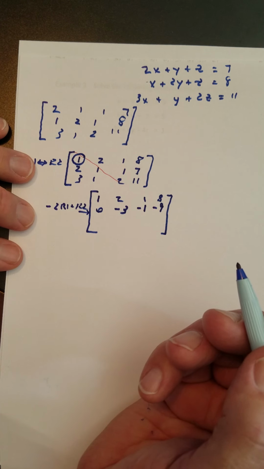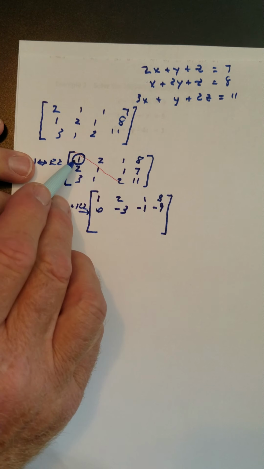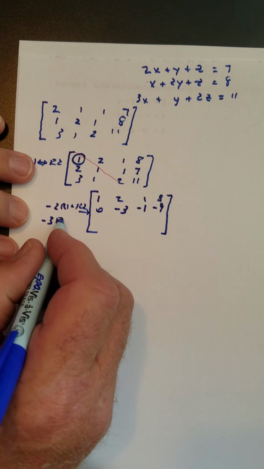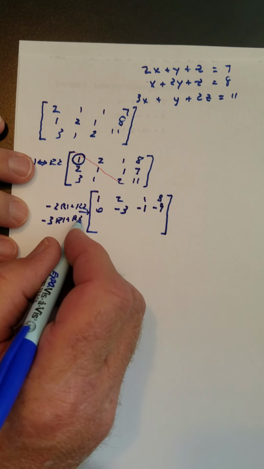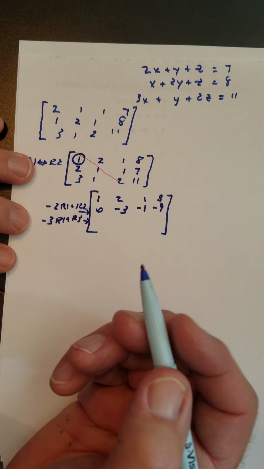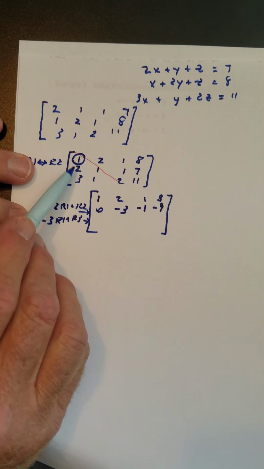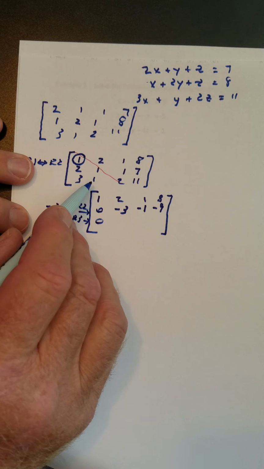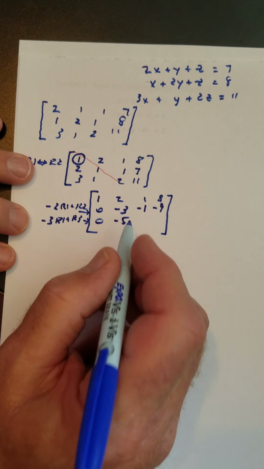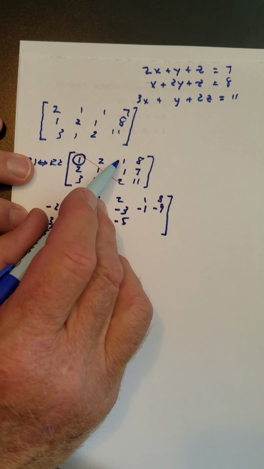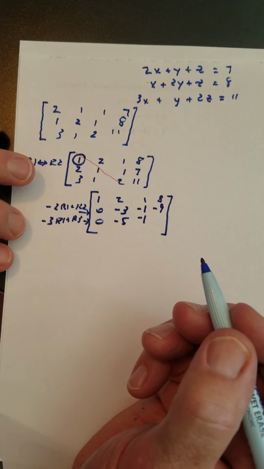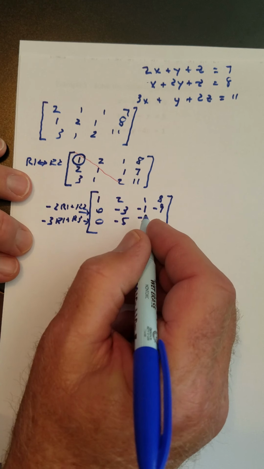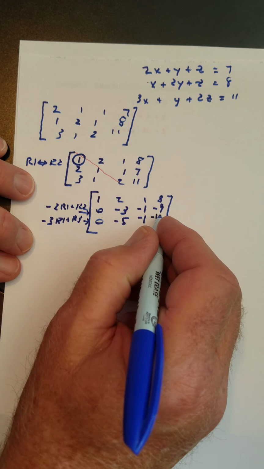Still no fractions. On the bottom row, I'm going to multiply by -3. So it's -3 times row 1 plus row 3. -3 times 1 is -3 plus +3 is 0. -3 times 2 is -6. -6 plus 1 is -5. -3 times 1 is -3 plus +2 is -1. -3 times 8 is -24. -24 plus 11 is -13.